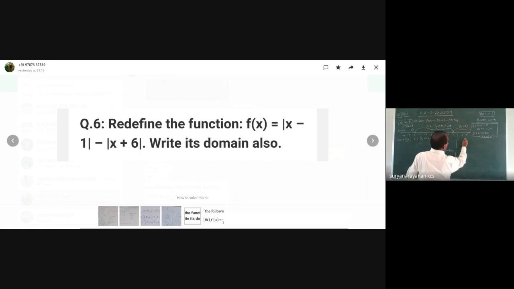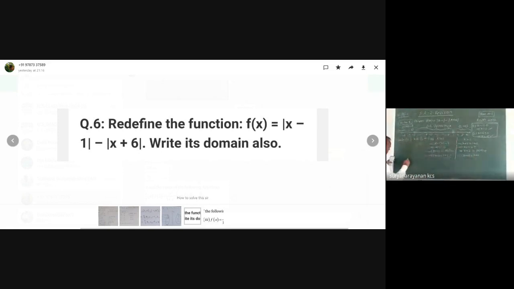Similarly, x greater than 1, let us find x plus 6 value, whether it is positive or negative. X plus 6 greater than 1 plus 6, x plus 6 greater than 7. So it is also a positive number. X plus 6 is positive. Therefore, mod x plus 6 is equal to x plus 6.